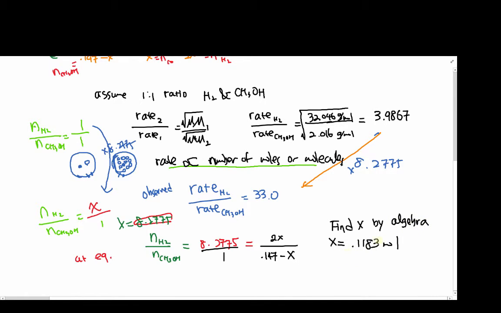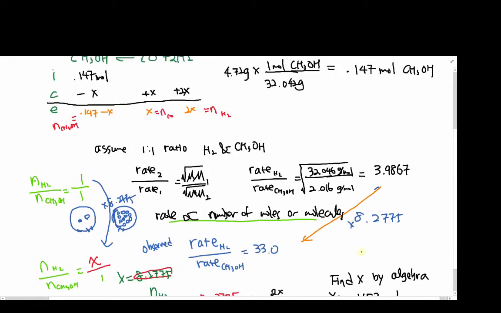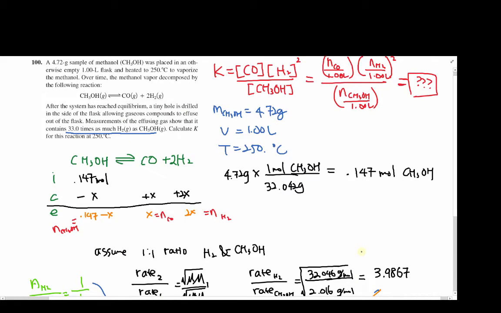Okay, you're gonna get that, and then what you do is plug it in to our equilibrium concentrations in our ICE chart, 0.1183, and you multiply it by 2, you should get 0.237 mole. When you plug it in and subtract it, you should get 0.029 mole.